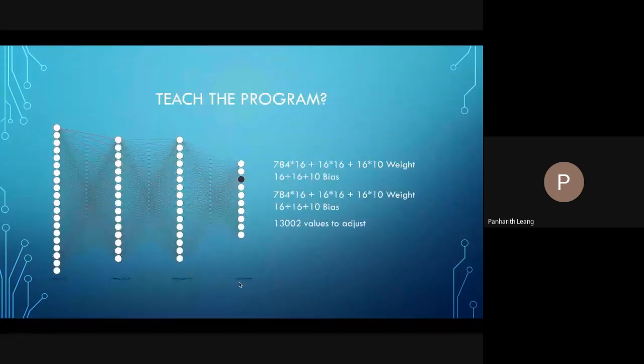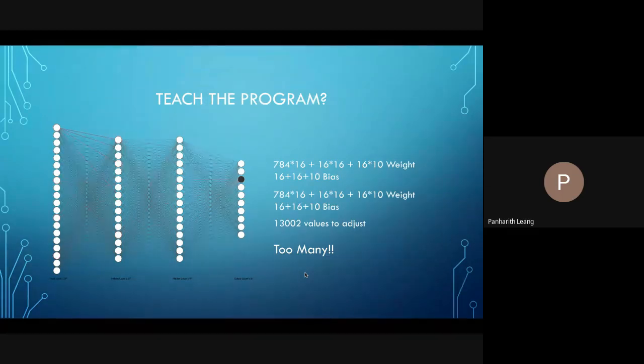Because if we look at the program as a big equation, this equation is too big. It has a lot of values. So you would need to adjust this many values so that the prediction that comes from the multiplying and adding of the model is accurate. It is what we want. So this is too many to adjust by yourself or manually.